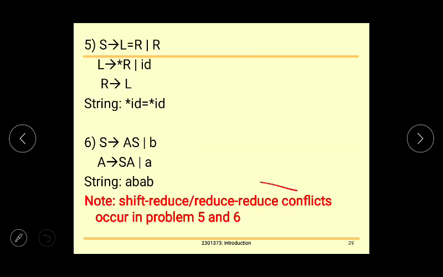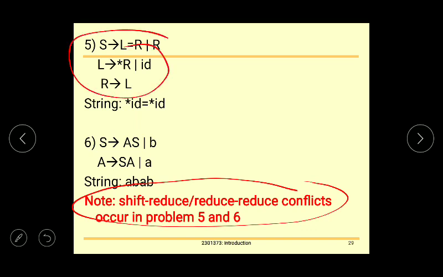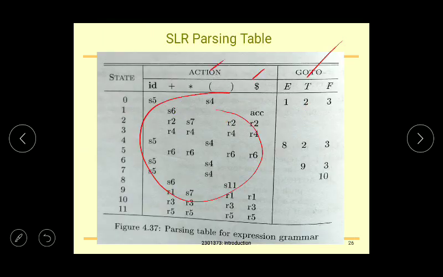See here, one note I have given. Shift-reduce or reduce-reduce conflicts occur in problems 5 and 6. My dear students, please solve problem numbers 5 as well as 6. In these two problems you will get a conflict, in the sense that for a particular table entry you will get two entries.